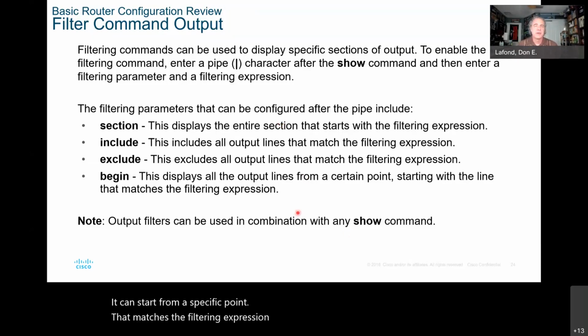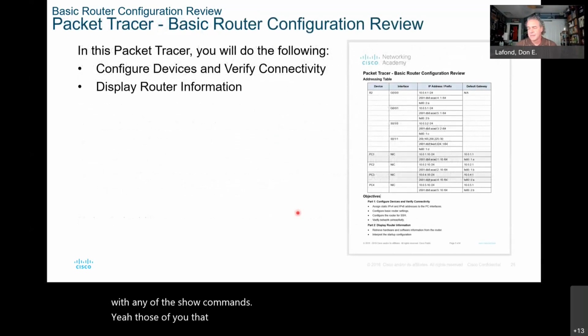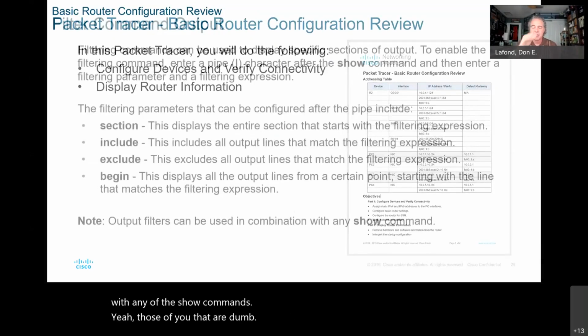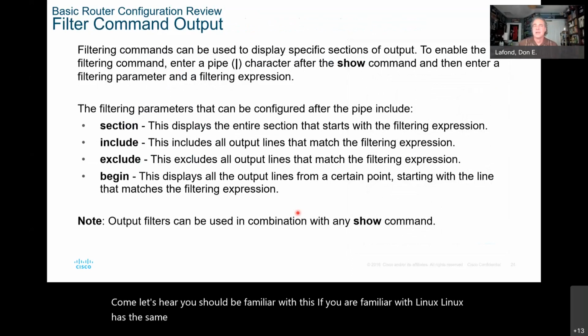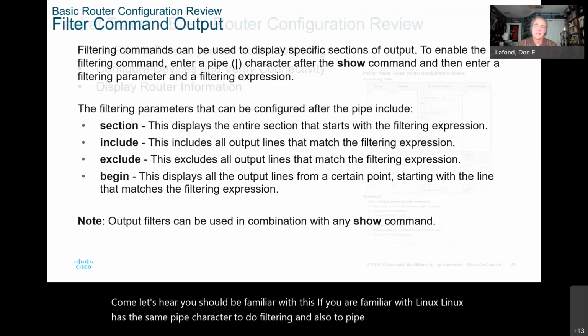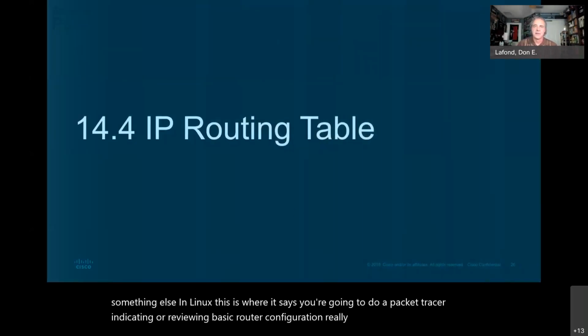So output filters can be used in combination with any of the show commands. You should be familiar with this if you are familiar with Linux. Linux has the same pipe character to do filtering and also to pipe something into something else. This is where it says you're going to do a Packet Tracer reviewing basic router configuration. Really easy Packet Tracer at this point.